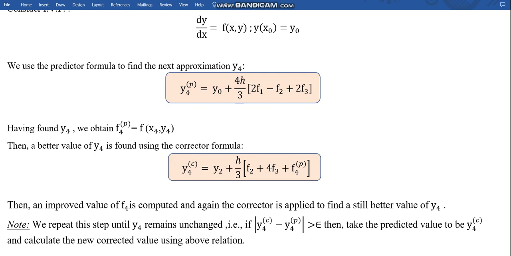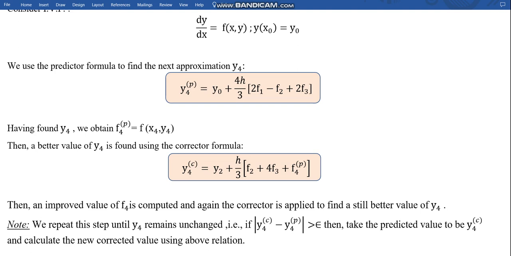This denotes that this is the predicted value of the approximation, which is equal to y naught plus 4 times h by 3 multiplied by 2f1 minus f2 plus 2f3. Now what is f1, f2, f3? These are the function values that we have calculated at the points that are given to us.